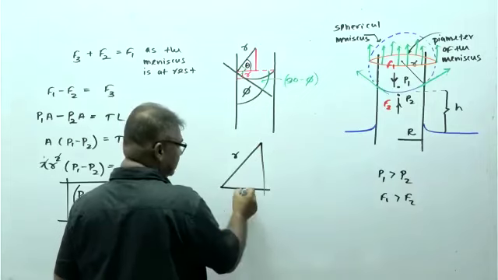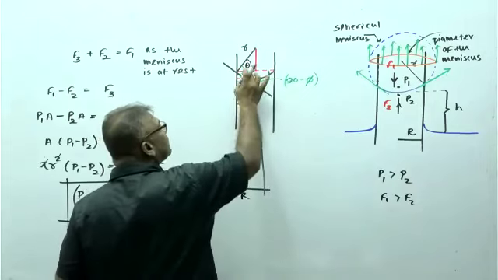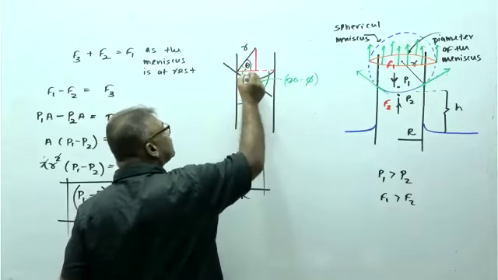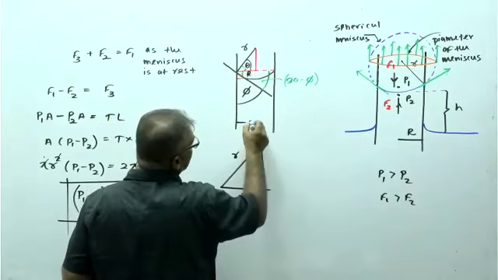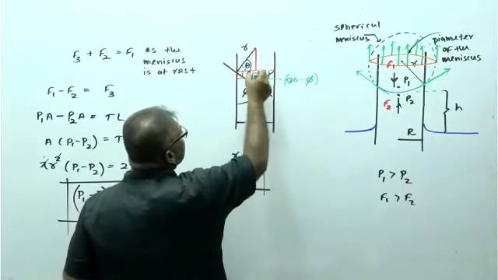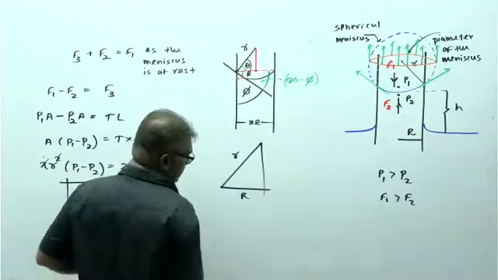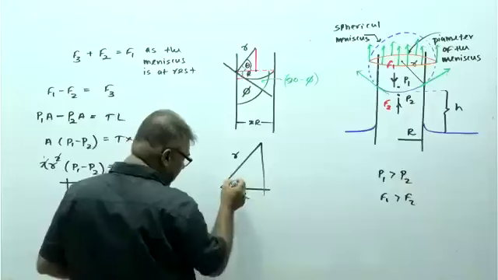Here we have the radius of the tube. Make a capital R. Radius of the tube. Here to here is the diameter, 2R. Then this angle is psi.